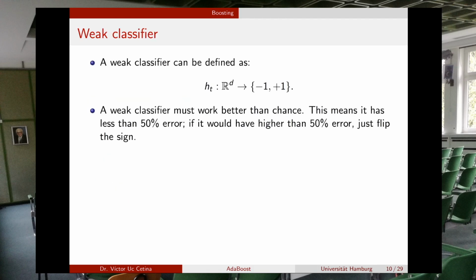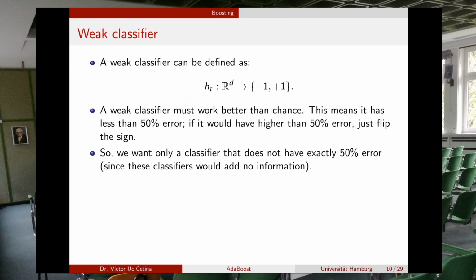And if you get a weak classifier that has exactly 0.5 error, 50% error, you need to reject this classifier, because it is not able to make a decision. It is not giving any information in the process of classification. So you cannot accept this kind of weak learners. They need to be at least less than 0.5.